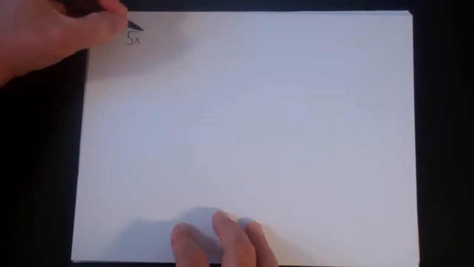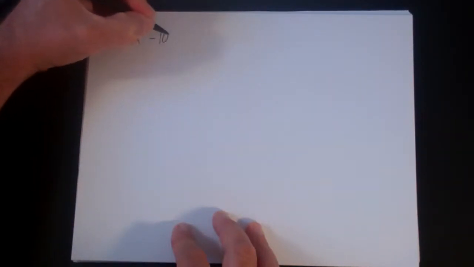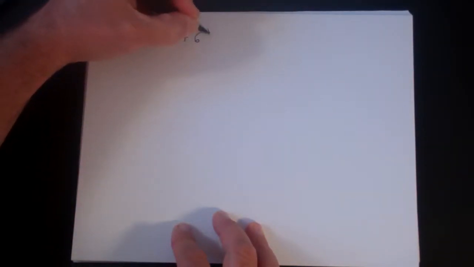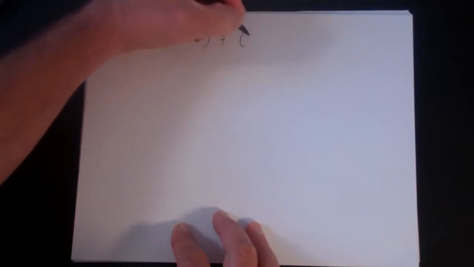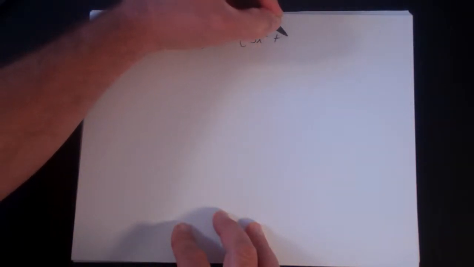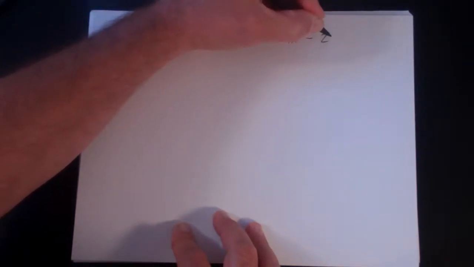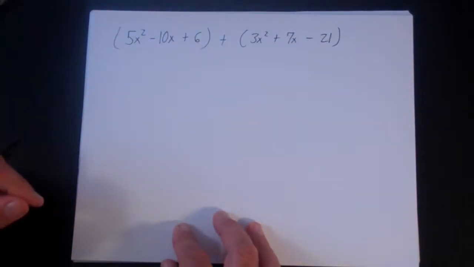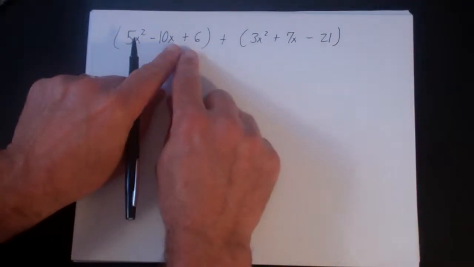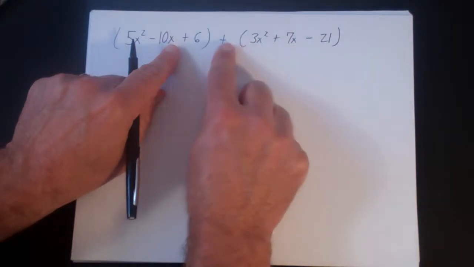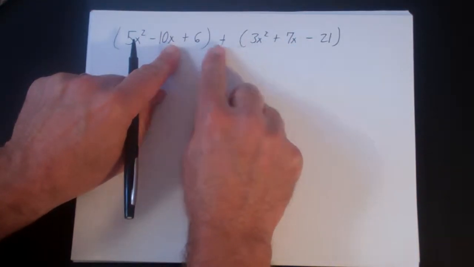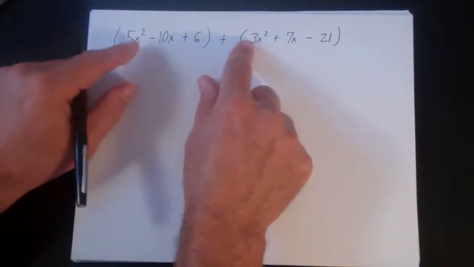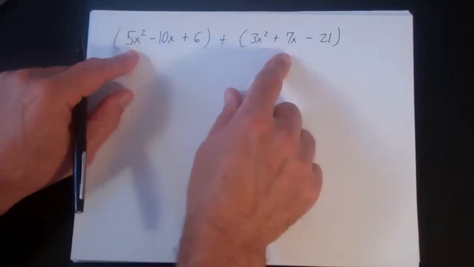Given that definition, adding and subtracting polynomials becomes straightforward. Let's say you have 5x squared minus 10x plus 6, plus 3x squared plus 7x minus 21. What we have here is parentheses with a plus between them. The parentheses in this case don't really matter. You're just adding.